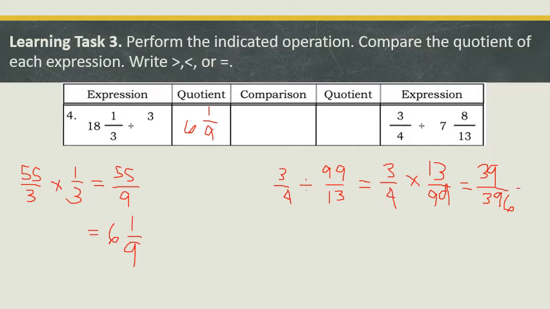So, pareho po silang divisible sa 3. So, 39 divided by 3 is 13. Then, 396 divided by 3 is 132. So, syempre, ang mas malaki dito is yung may whole number kasi ito walang whole number.